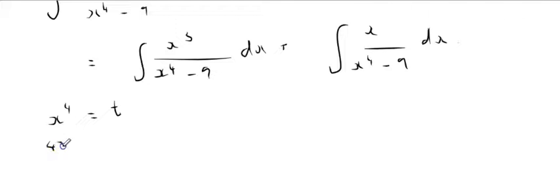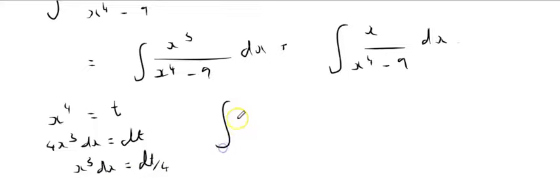I will get 4x cubed dx is equal to dt, or x cubed dx will be equal to dt by 4. So this will now reduce to integration of dt by 4 divided by t, taking x power 4 minus 9 itself as t.